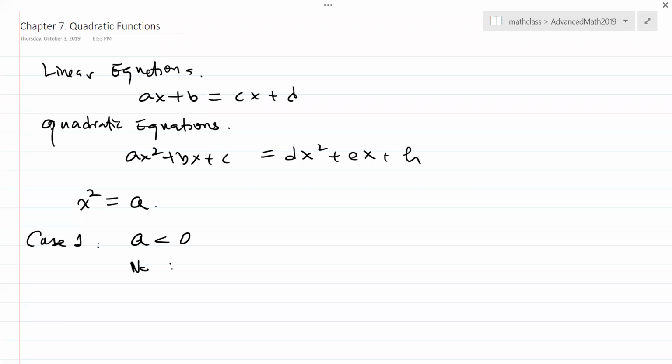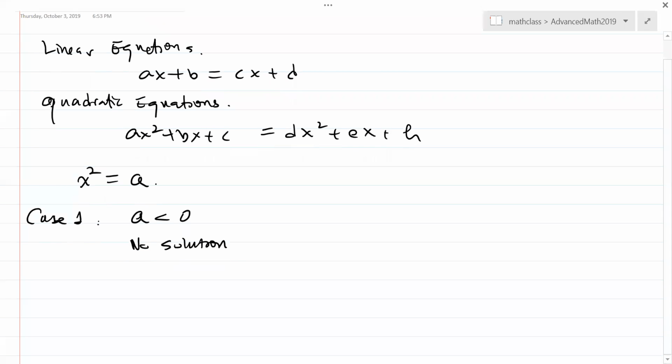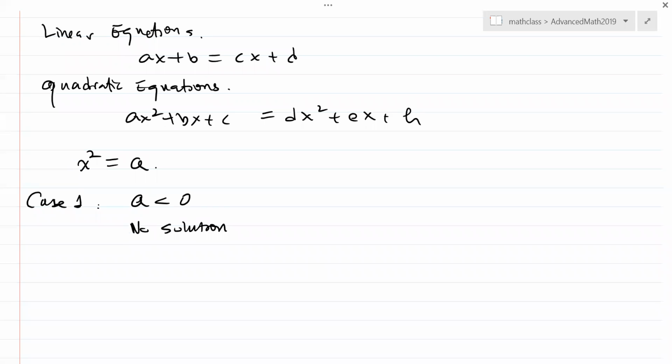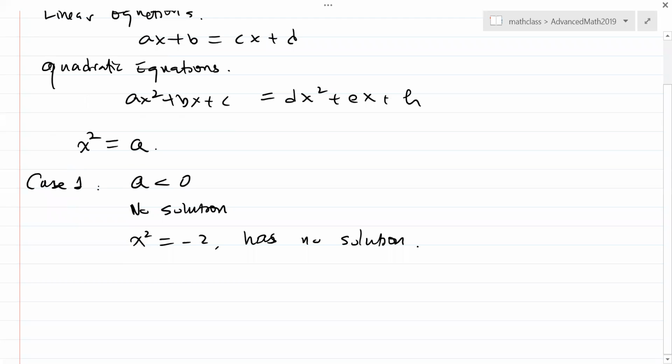You cannot find x such that the square is negative. For example, x squared equals -2 has no solution, right? The reason is you cannot find a number whose square is negative.